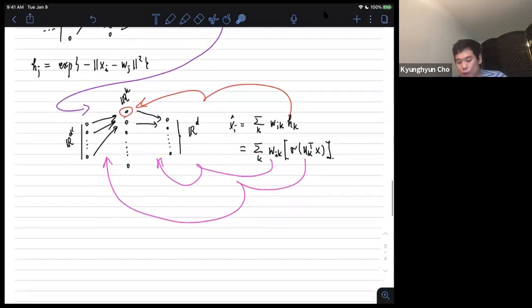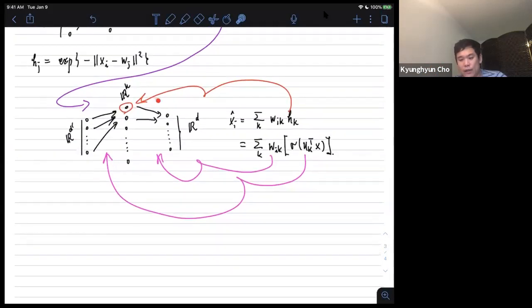But now what we are saying is that that's not true anymore. We should be able to get a code vector that can reconstruct the input vector using some kind of nonlinear function.